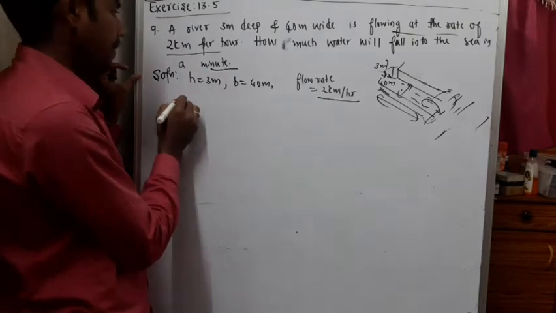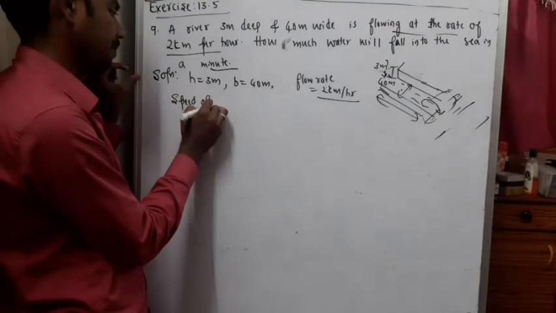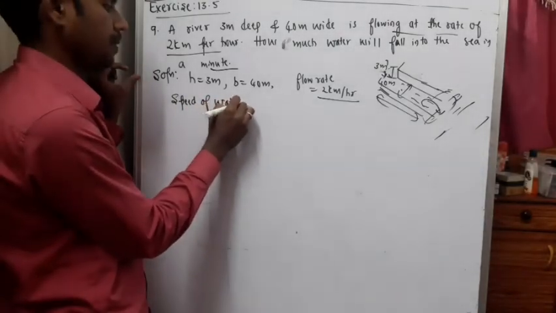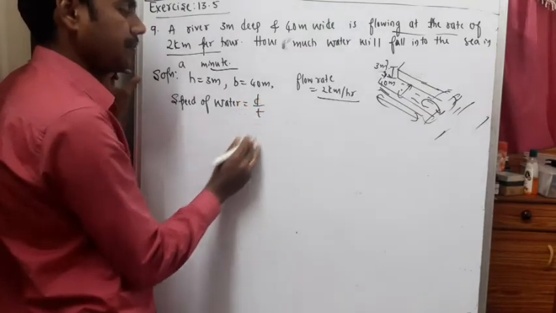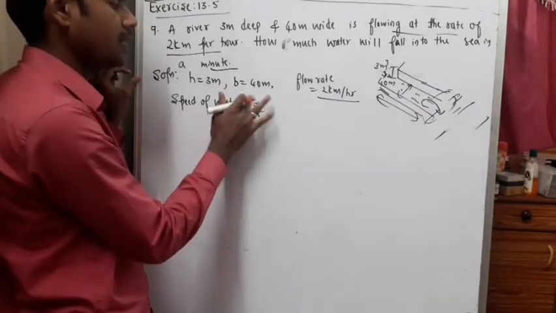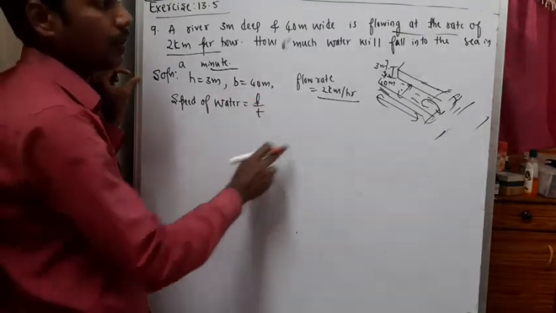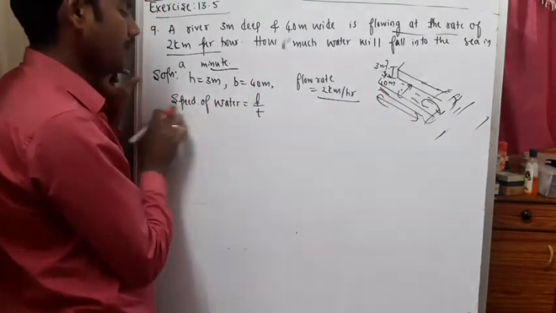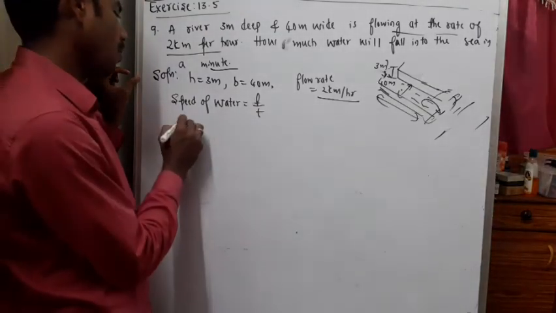Now, what can we write? The speed of water is equal to distance by time. This distance we can call length. Length by time. I will denote distance by length. So this length is given in terms of speed of water, the flow rate. What is the speed of water? 2 into kilometer.